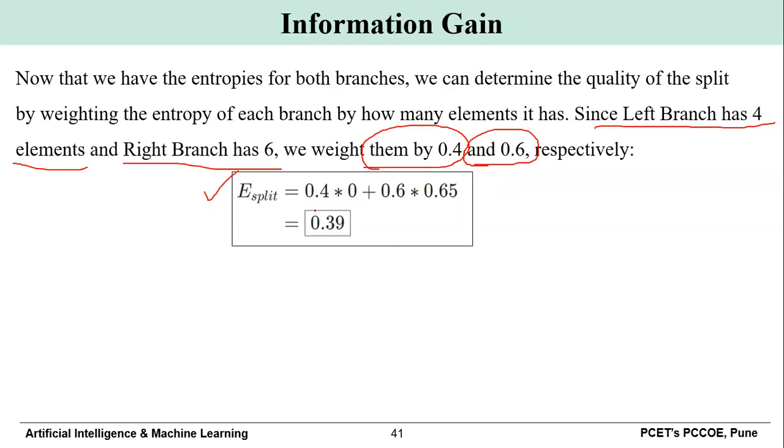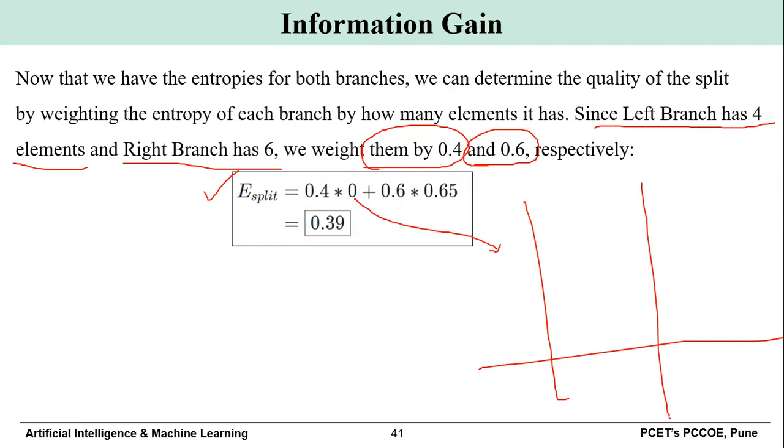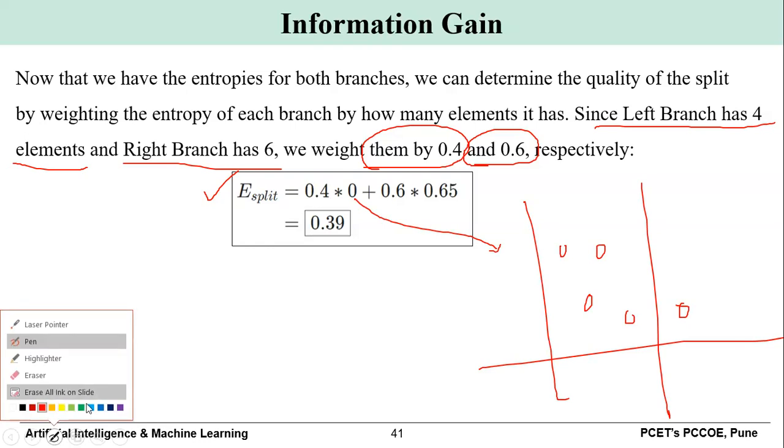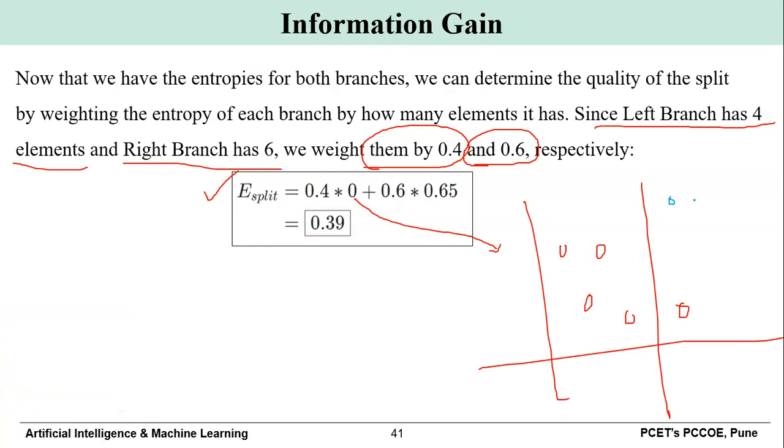So the total entropy of the split is 0.4 multiplied by 0 plus 0.6 multiplied by 0.65. Why? Because on the left branch there are 4 data points, so the entropy is 0 and its weight is 0.4 because there are only 4 data points, so 0.4 into 0.